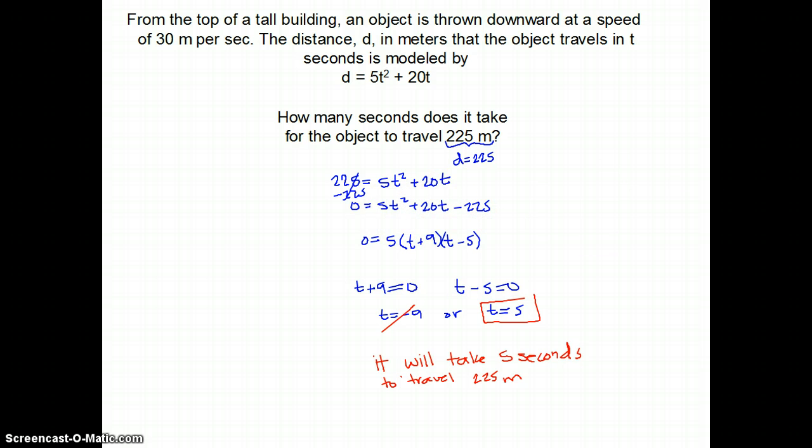After factoring, I set each of the factors individually equal to 0 and solved. Since one of my solutions came out negative, I disregarded that solution and only looked at the t equals 5. Interpreting my result, I found that it will take about 5 seconds for the object to travel 225 meters.